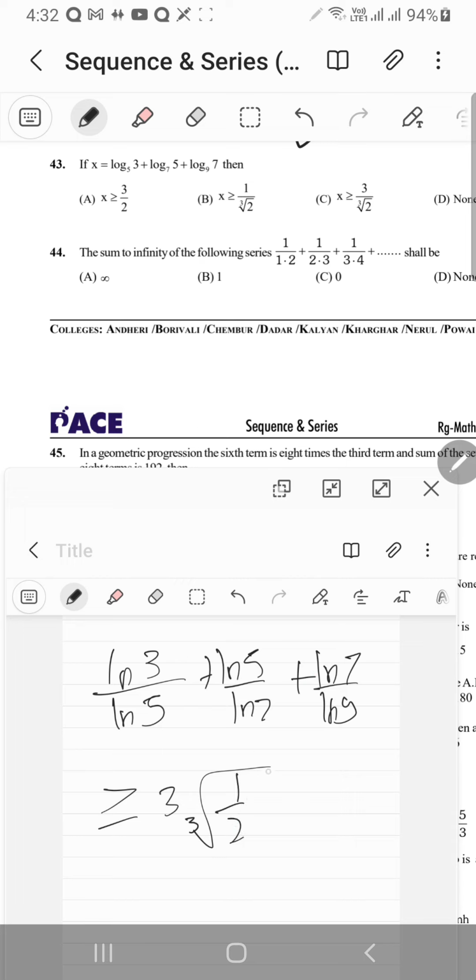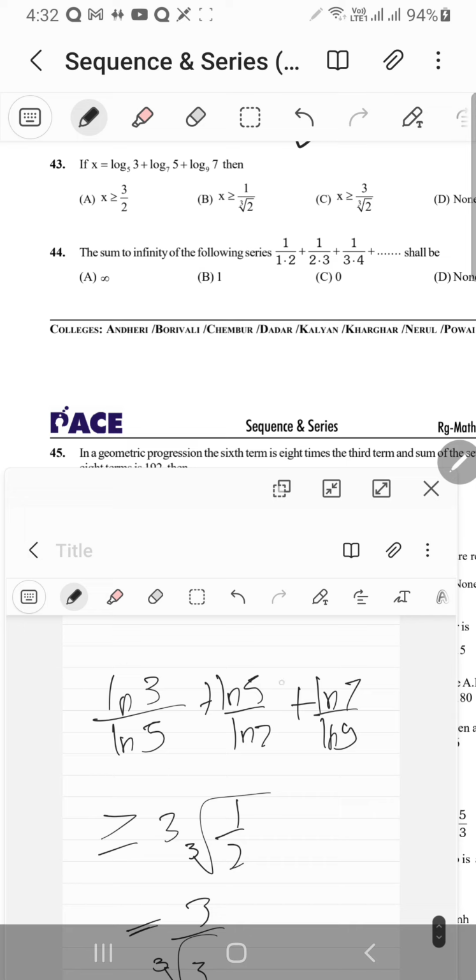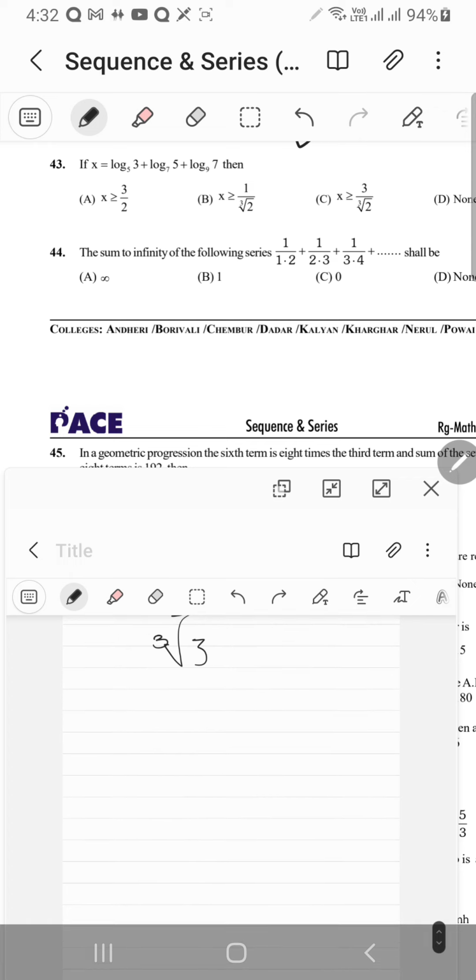There's only 1.2, I think, because natural log 9 is 2 natural log 3. So, yeah, 3 upon cube root of 3. This guy is bigger than or equal to that. We know it's exactly bigger than that because these numbers are definitely not equal. So using AMGM inequality, we can get this done.